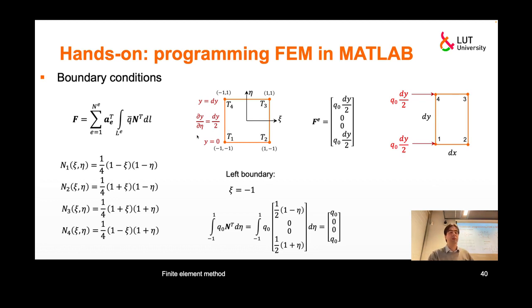So if you imagine for simplicity, it doesn't really matter where you put the point of origin in this case, but if you imagine that it's in this corner, this is global coordinate, let's assume y equal to 0, then this will be y equal to dy, and you can express y through xi, so through eta, sorry, and eta is vertical local coordinate, and then you can calculate partial derivative for one with respect to another, and it will give you this value. Nothing difficult, just linear transformation.